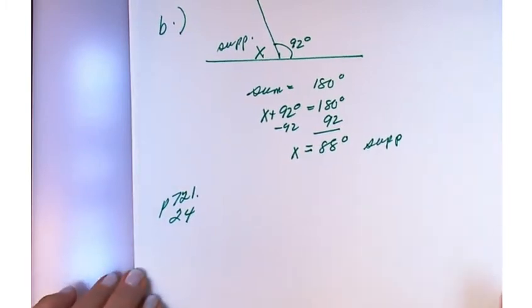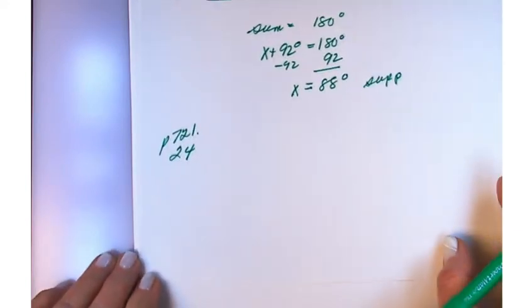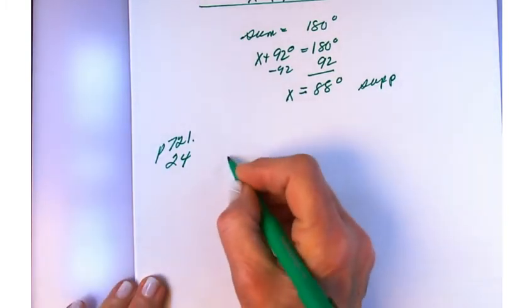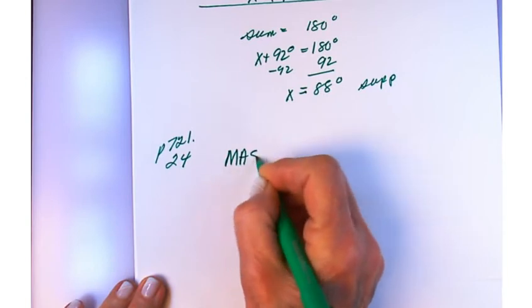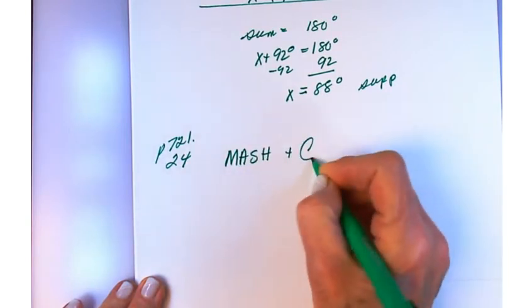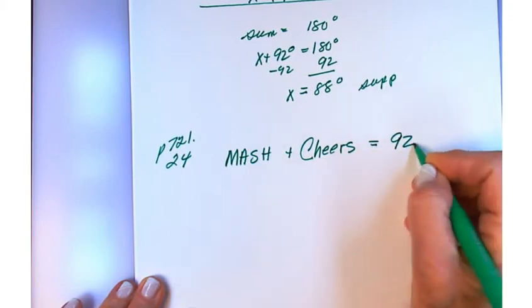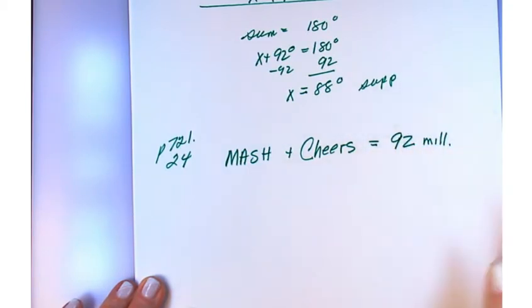The total number of television viewers for the final episode of MASH and Cheers was 92 million. So what I just learned was MASH plus Cheers equals 92 million. Okay? He wrote it out.